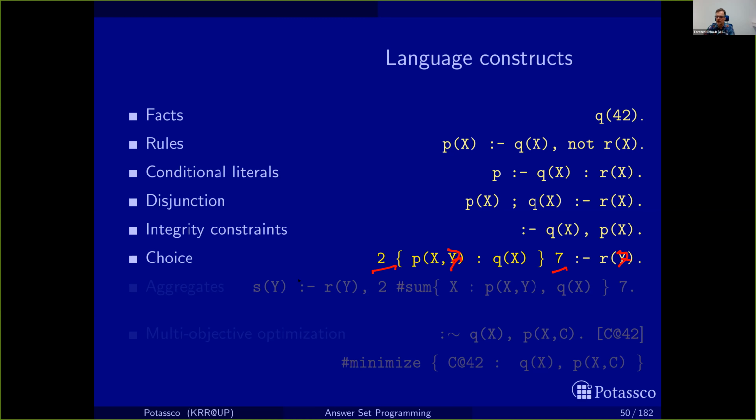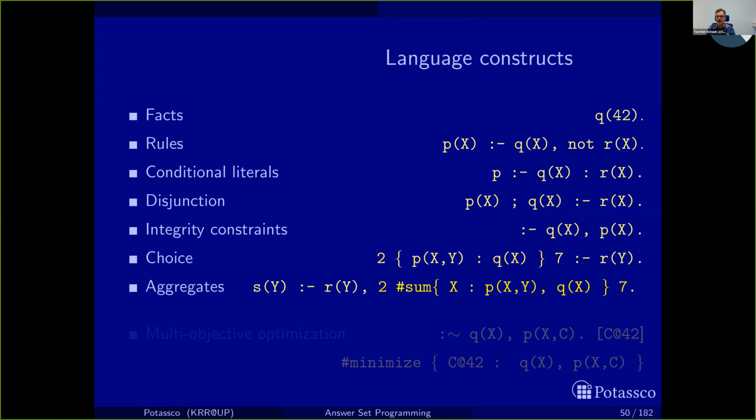Here's your bucket of instances of p, and you have to draw at least 2 and at most 7, no matter which ones. And that's useful for configuration. You have sets of hard disks, you want to pick some, or even the sum or stuff like this. So, choice rules.